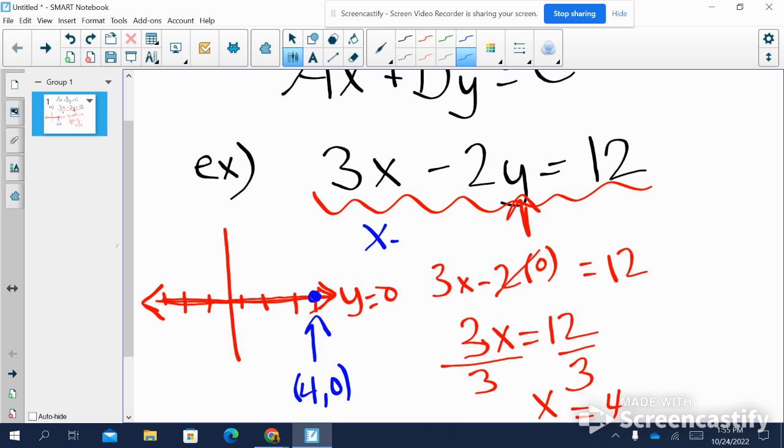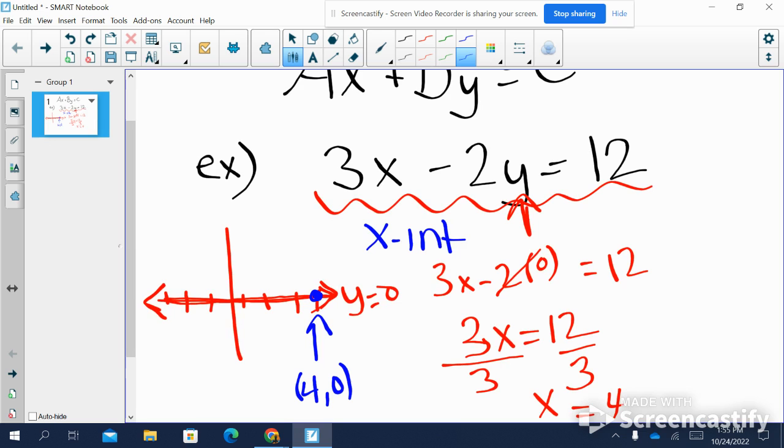That is my x-intercept. If I want to find my y-intercept, I would apply the same thing that I just talked about, but this time we're going to look at the y-axis. Okay? So when I'm on my y-axis, remember the x value is always going to equal 0.